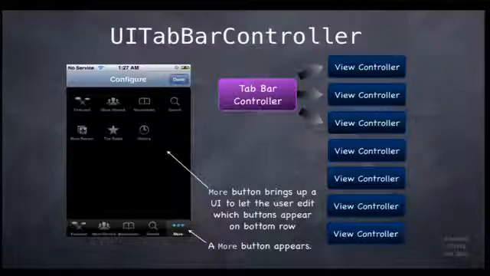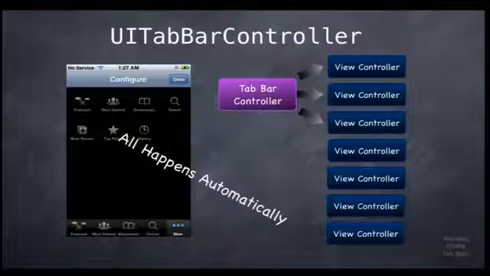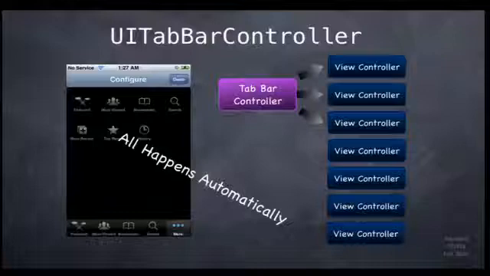And at any time, they can click on that more button and pick a different one, right? So they can actually edit what's on the bar if you enable that. Or if you don't allow them to pick what's on the bar, they can go to this more place and choose one of the ones that's not the 4 defaults. All right? And this magically happens. It happens automatically. You don't need to do anything to make it happen. You just add as many view controllers as you want, and it'll automatically put this UI up there for you. So it's kind of nice.